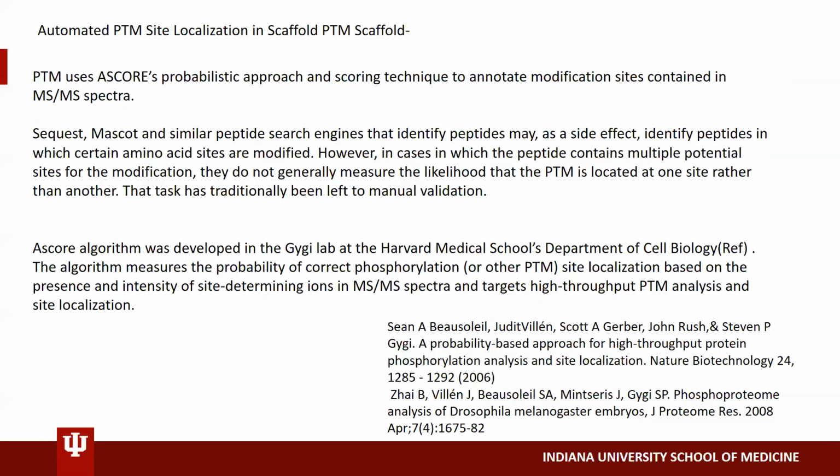And what you would do is you would look and see what fragments are present and whether that would cover the site. To have a diagnostic ion, you need to have essentially enough confidence before and after where the PTM is in terms of the number of fragment ions present. This is developed by the Gygi Lab at Harvard Medical School. And here's a couple of papers that you can read about if you want to reference the algorithm a little bit more.